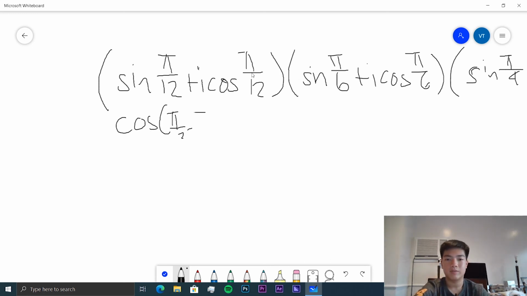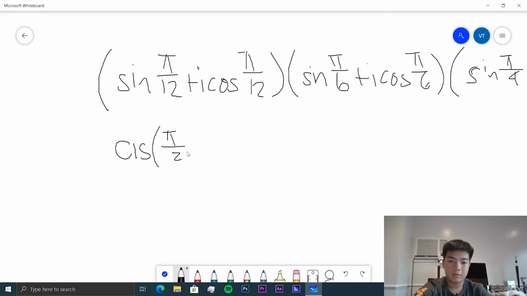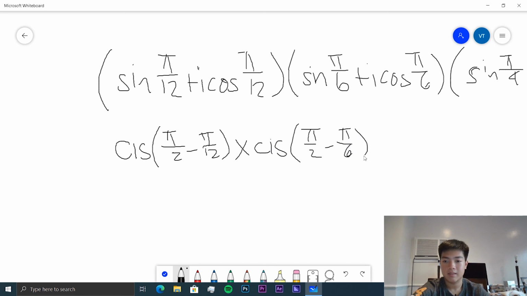And the same, of course, for this is i sine pi over 12. So we can say this is CIS pi over 2 minus pi over 12 times CIS pi over 2 minus pi over 6 times CIS pi over 2 minus pi over 4.